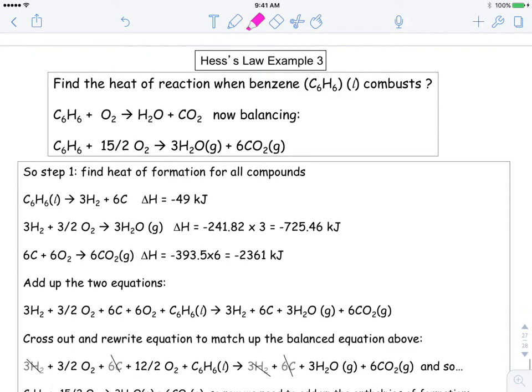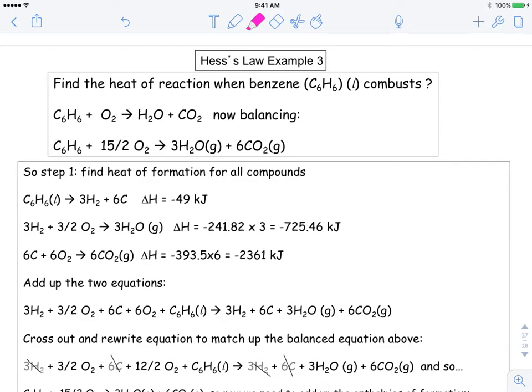Now here's one last example. Hess's Law, example 3. Find the heat of reaction when benzene combusts. So again, I would write out a combustion reaction, and I balanced it. I balanced it using 1 mole of C6H6. You could balance it with whole numbers if you want. And then I went through and I wrote the heat of formations for each of them.